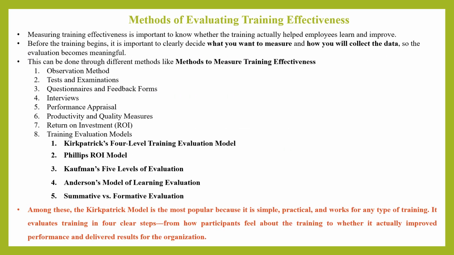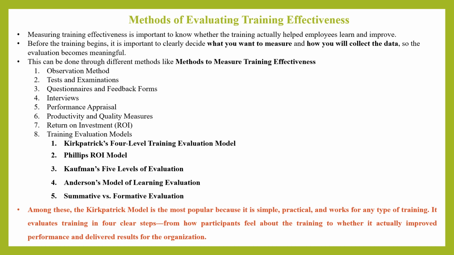There are many ways to measure training effectiveness. Organizations use different methods and models for evaluating training effectiveness. Some common ones are observation method, tests and examinations, then questionnaires and feedback, interviews, performance appraisal, productivity and quality measures, return on investment, and various training evaluation models.